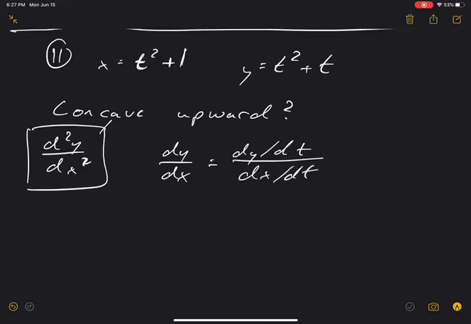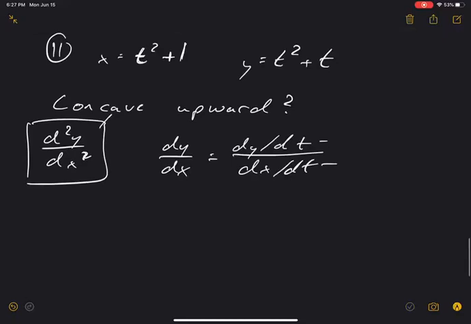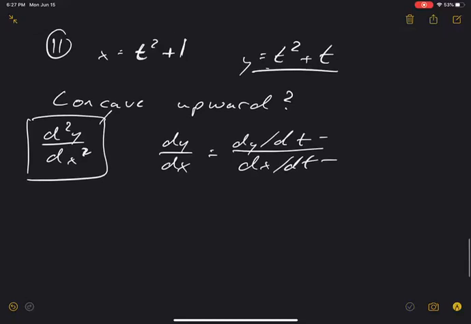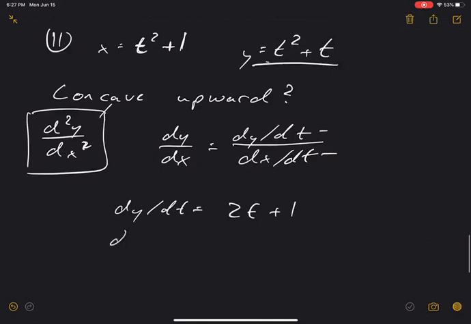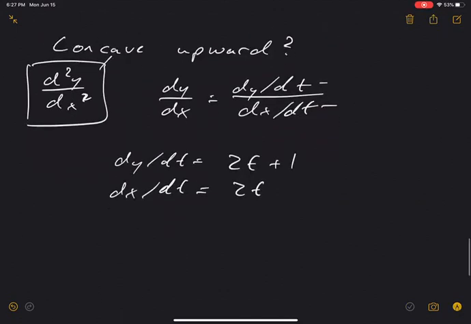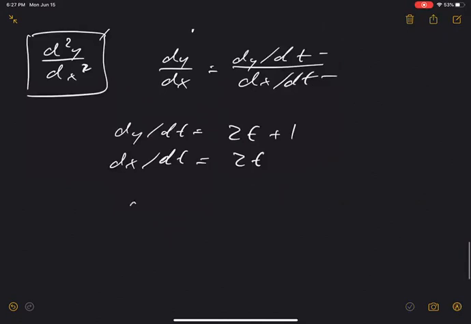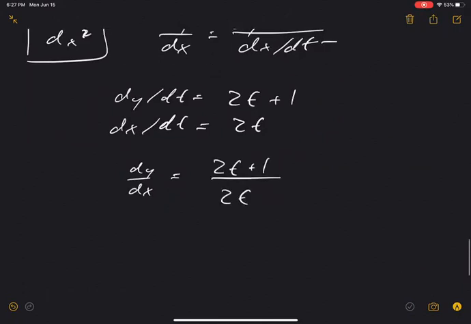So let's find these. dy dt is equal to 2t plus 1. What's the derivative of x with respect to t? It's just 2t. So dy dx is going to be 2t plus 1 over 2t.